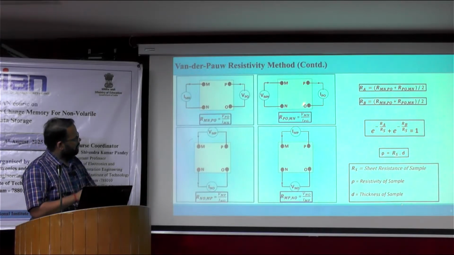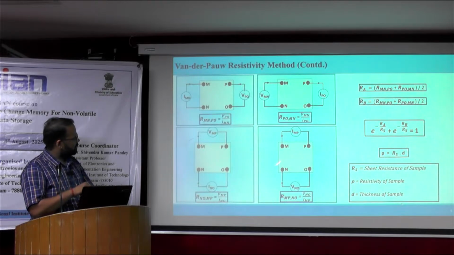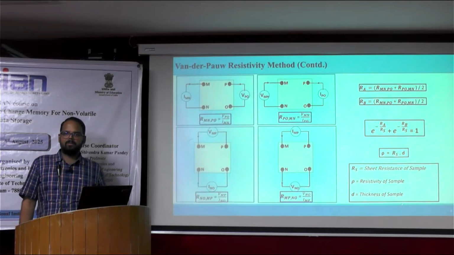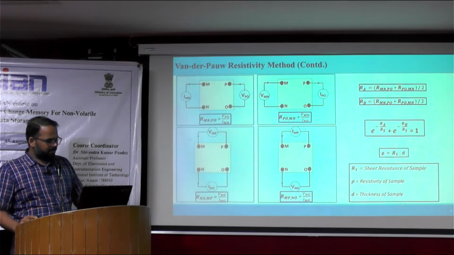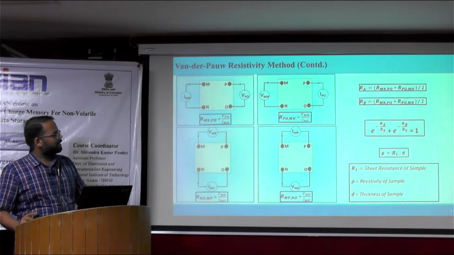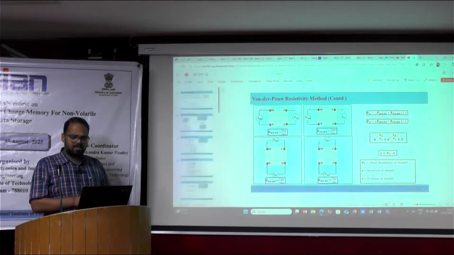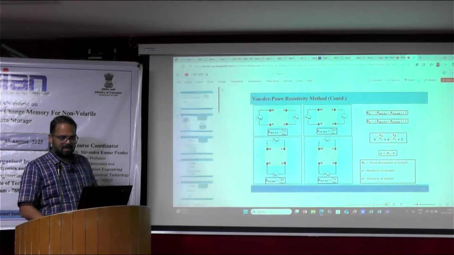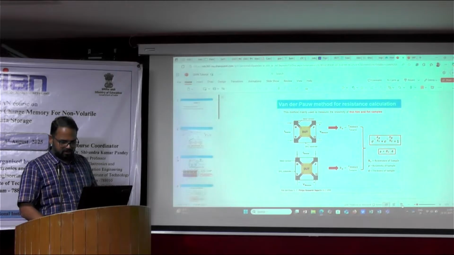After averaging these values you will get RA, and if you average these two values you will get RB, and you put them simply in this equation and directly get the sheet resistance value. This is the way by which we can calculate the resistivity.